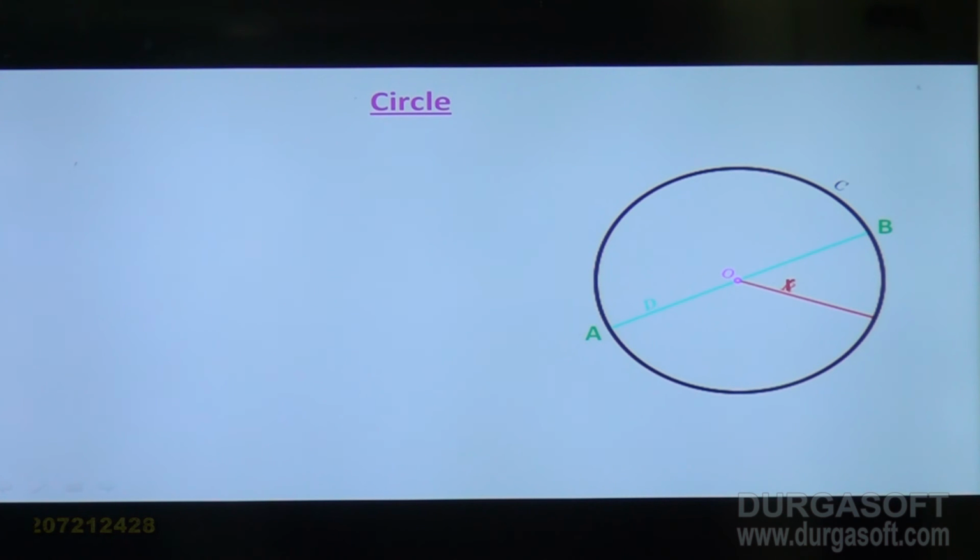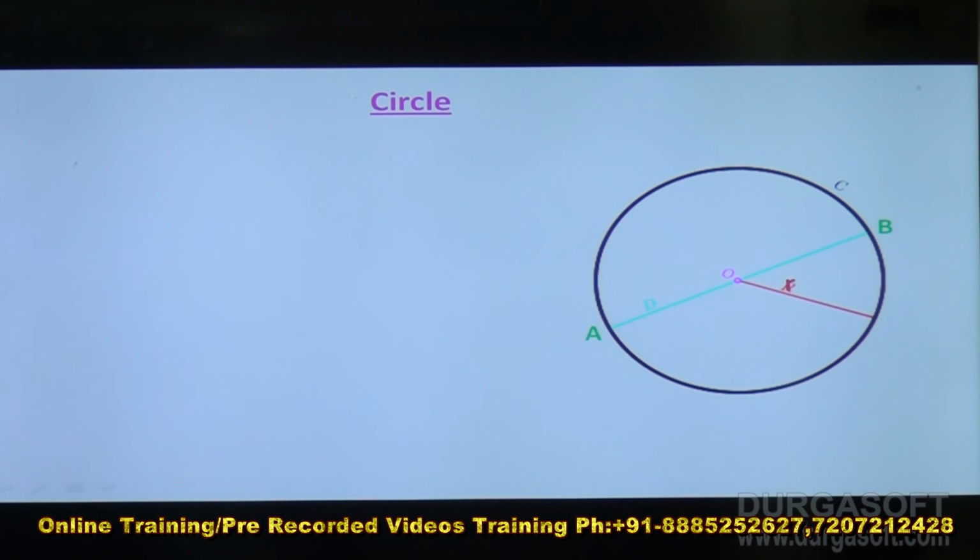Circle. You can see in this figure, circle, there are 2 points. We have taken just 2 points in the circle, A and B, and we have one center point O and D as a diagonal. If we can see here, center as O, and we have a red line which is the radius.